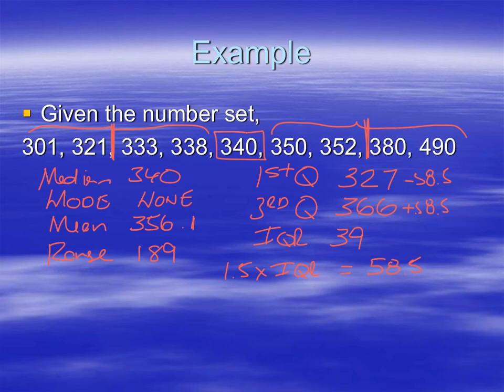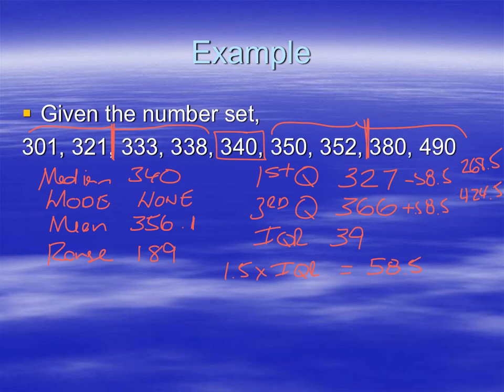So 327 take away 58.5 is 268.5, and 366 plus 58.5 is 424.5.